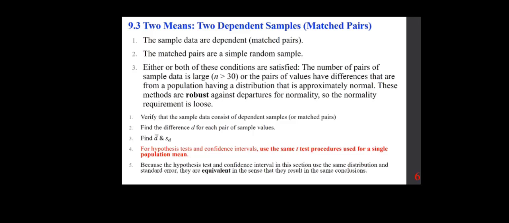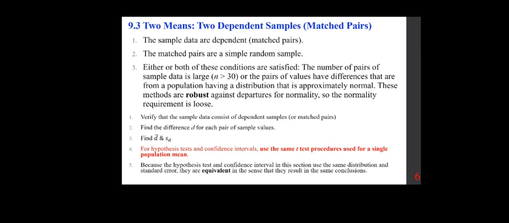We want to find the difference, and then we basically do the test of hypothesis on those differences. Okay, so we find d bar and s sub d, and for hypothesis test and confidence interval, use the same t-test procedure used for a single population mean. I can't emphasize this enough.